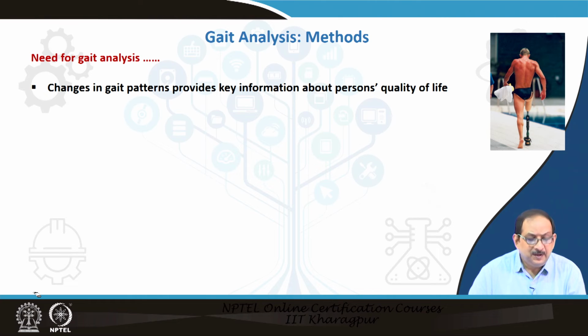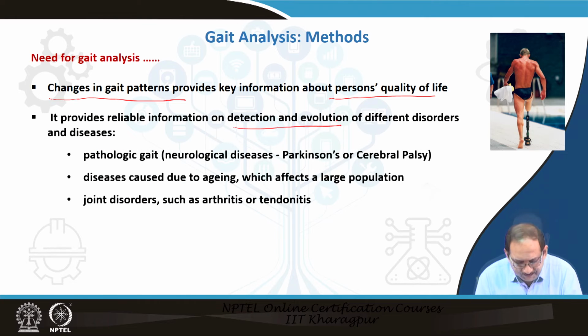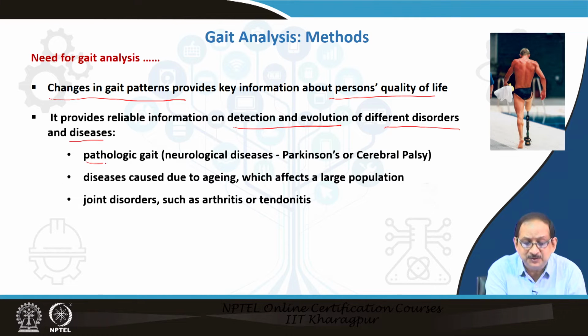Before we discuss the methods of gait analysis, we need to justify gait analysis. Gait analysis helps to figure out changes in gait patterns and provide key information about the person's quality of life. It provides reliable information on detection and evolution of different disorders and diseases such as pathologic gait.